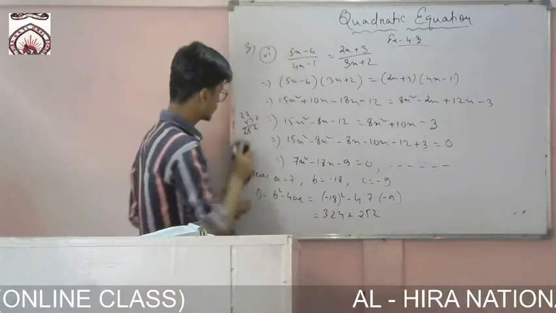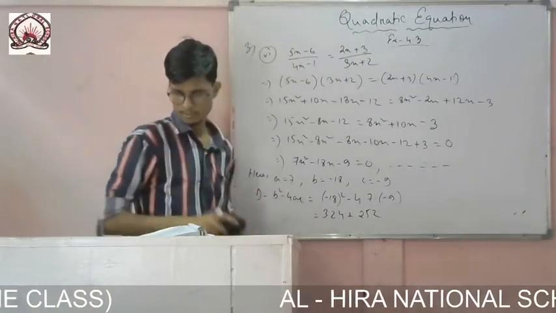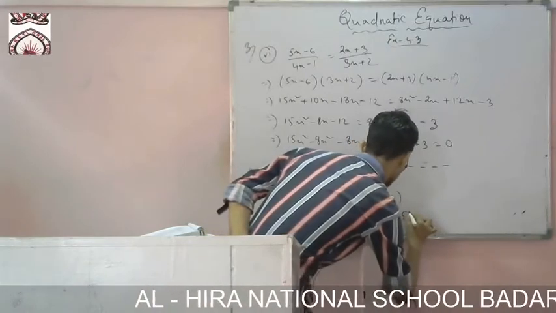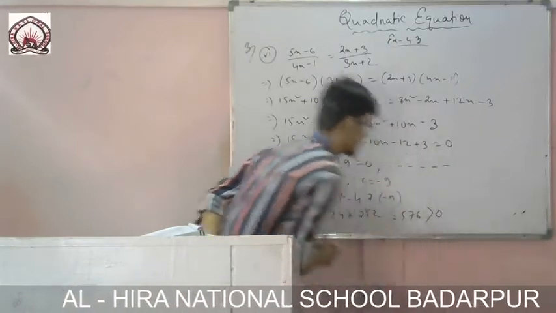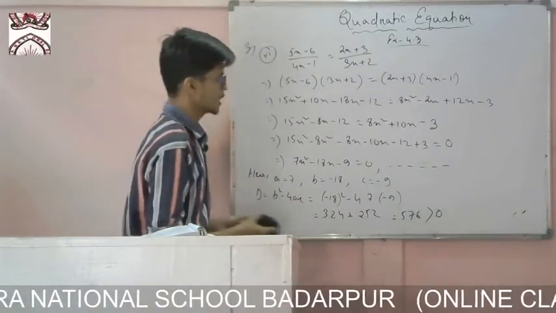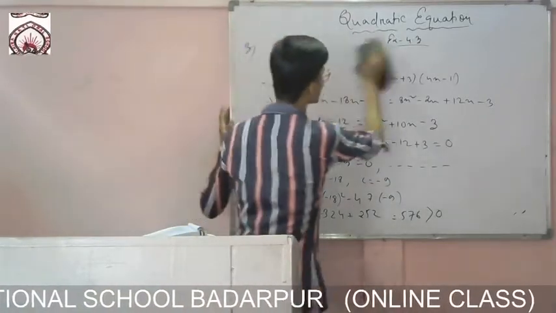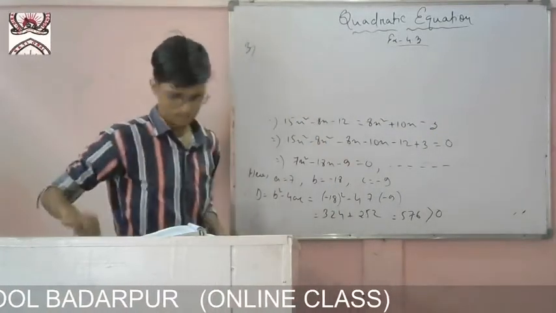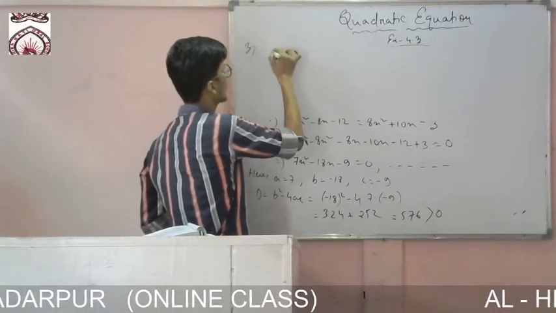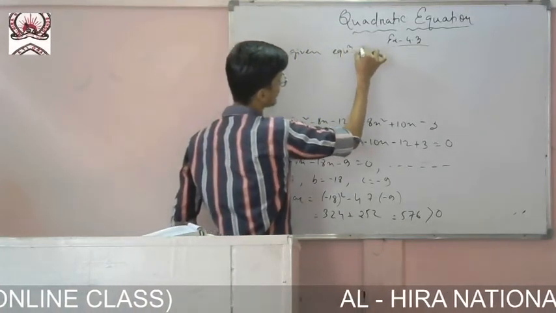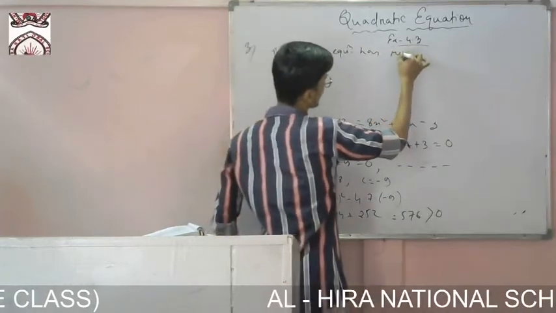So 324 plus 252 will be 576, which is greater than 0. If it is greater than 0, that means it will have real roots. So you write, therefore the given equation has real roots.